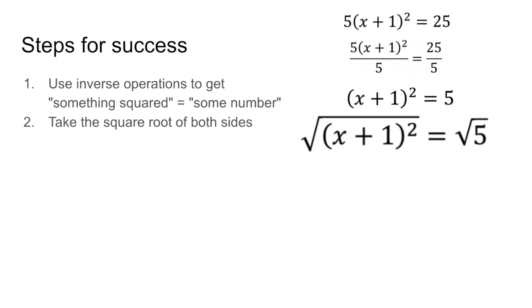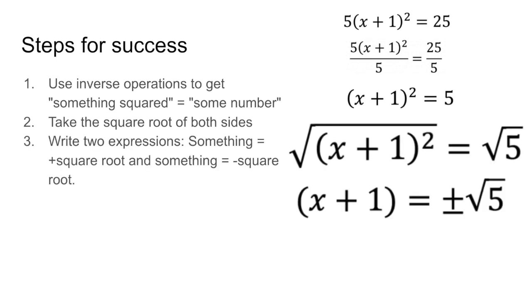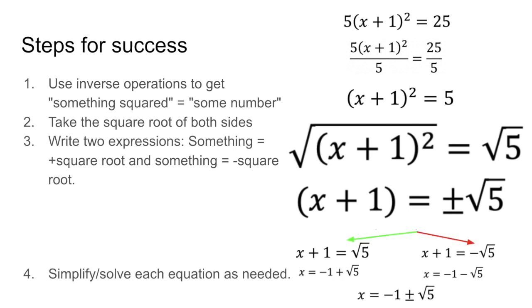We made sure to write it as plus or minus because we knew there were going to be two solutions, the positive and the negative version, that when we squared it, we would get 5. So we wrote two expressions. Something equals the positive square root of something, and something equals the negative square root. Finally, we wrote those as two expressions and simplified and solved each equation as needed. We did that by isolating the x in the left expression and the right expression.